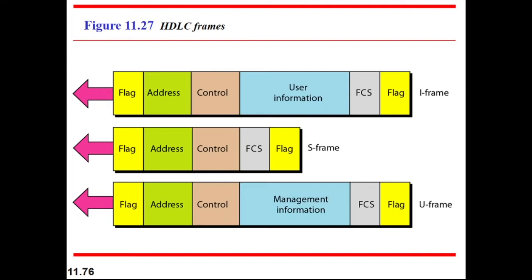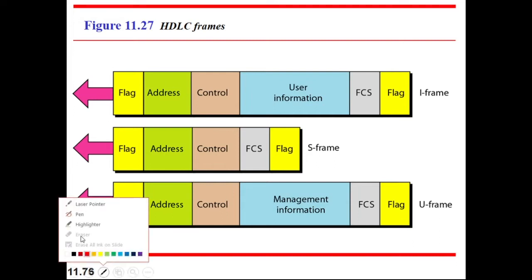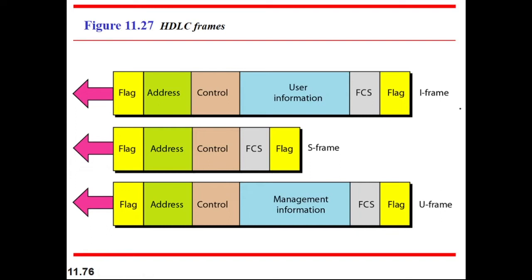Now this is the HDLC frame. The HDLC frame format is important. Here we have different types of frames: I frame, S frame and U frame. The I frame is the information frame. The S frame is the supervisory frame, responsible for any supervision that is going on.